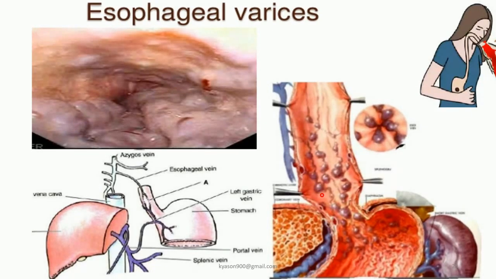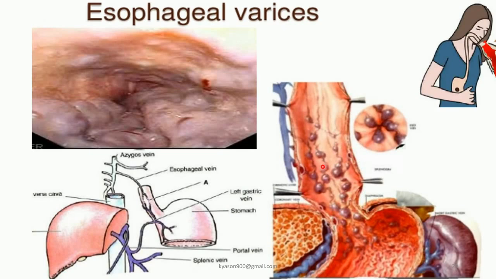As you can see here in this image, the veins are enlarged, and these enlargements can be seen on endoscopy. Let's say when an endoscope is used to look into the esophagus, this is what will be seen. You can see the mucosa is raised because of the underlying enlarged submucosal veins. They are enlarged, resulting in what we call esophageal varices.